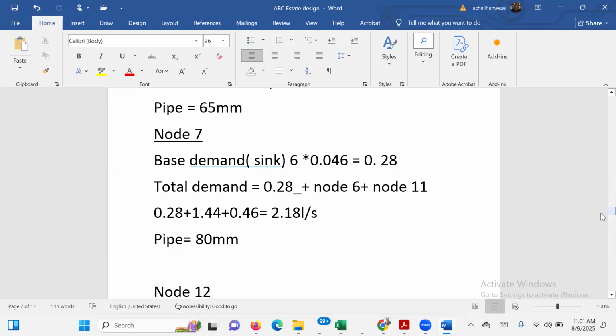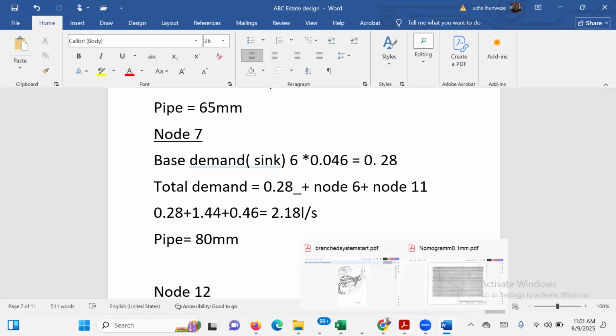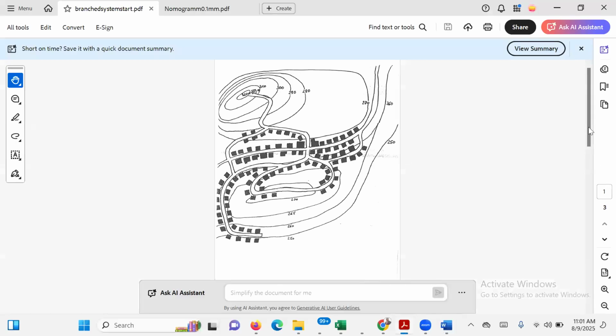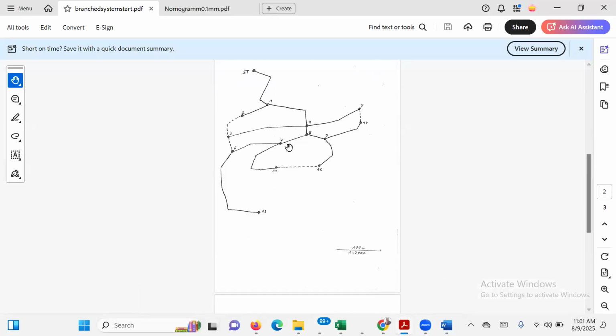Node 7 will say what is the base demand? Then multiply, add it up to the flow. So this is node 7. Let me demonstrate it here. So this is node 7 here. If you look at node 7, it has 2 nodes downstream of it, which is node 11 plus node 6. So when I'm calculating for node 7, I will first of all calculate the houses between 8 and 7.